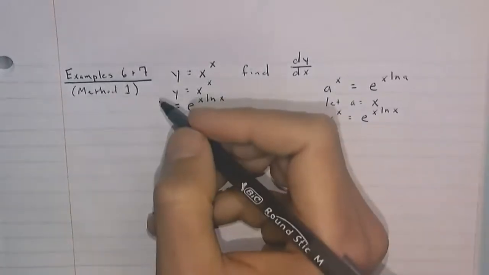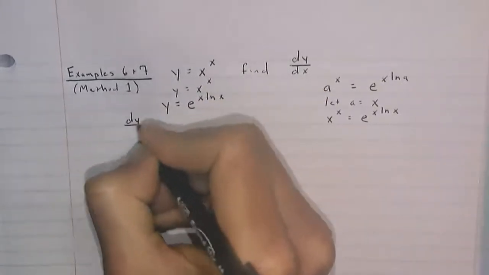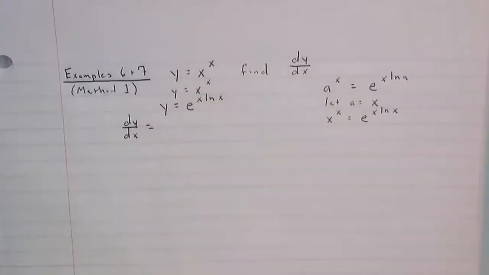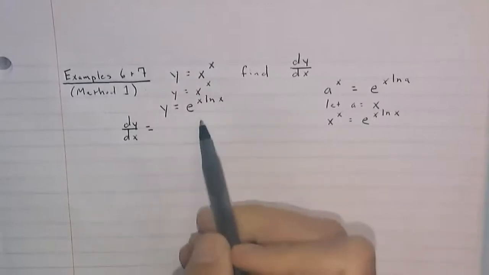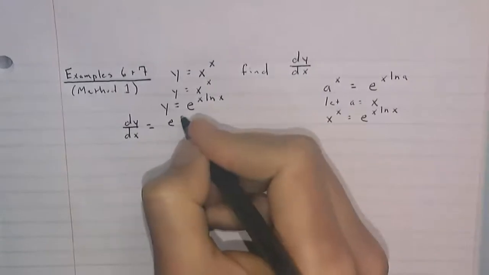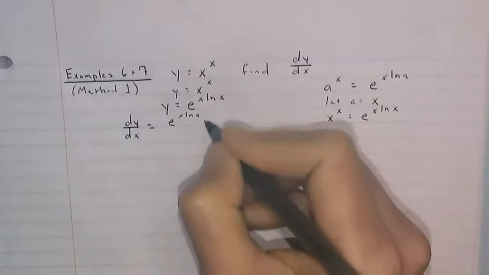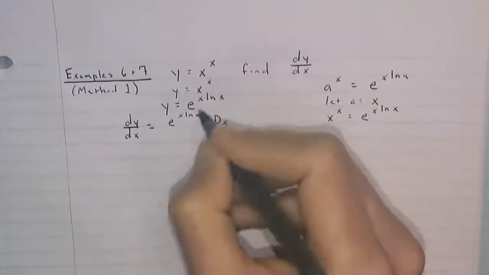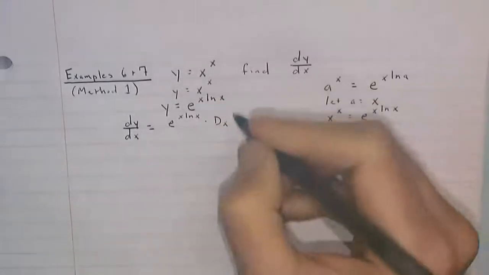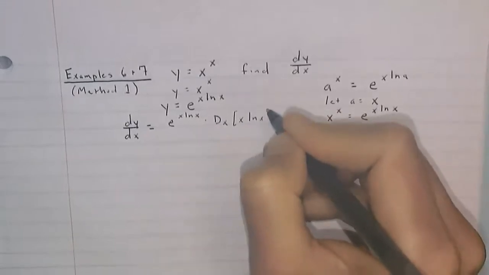And so we'll say that dy dx is equal to the derivative of this guy. Well, the derivative of that guy is itself, e to the x times ln of x, times the derivative of its exponent, rather. The derivative of x times the ln of x.